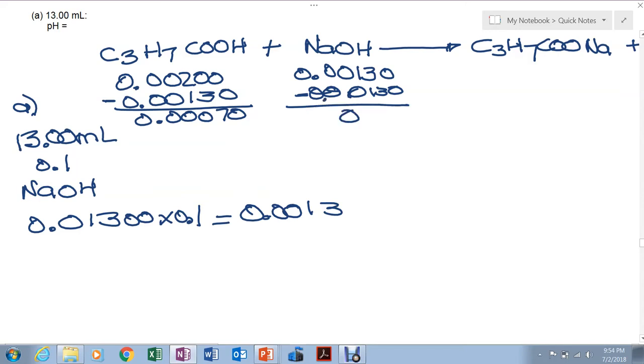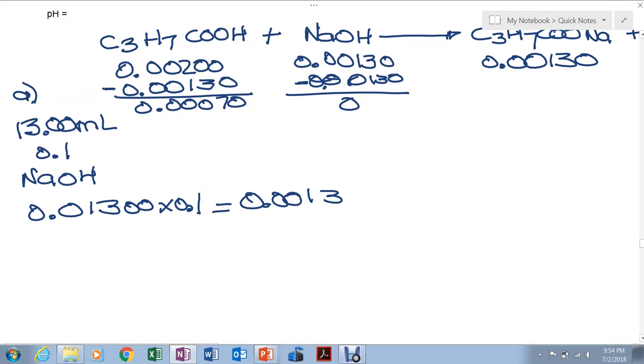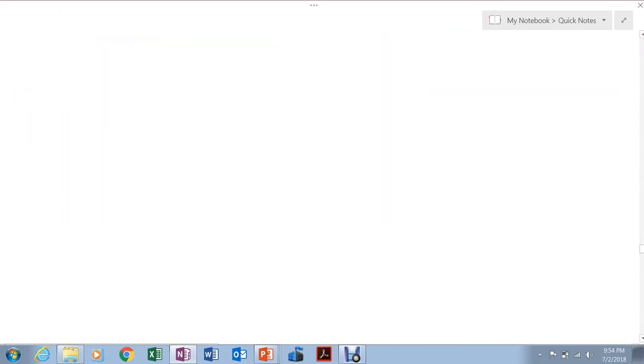And here we only found a 1-to-1 ratio. We form 0.0013. And now it's important because this is a conjugate base of a weak acid, and we're going to consider it because we have a buffer now.